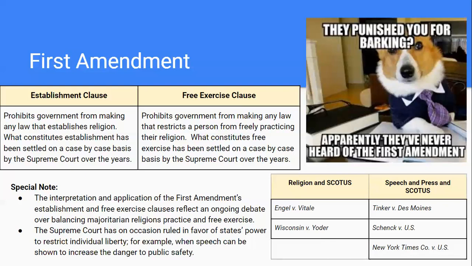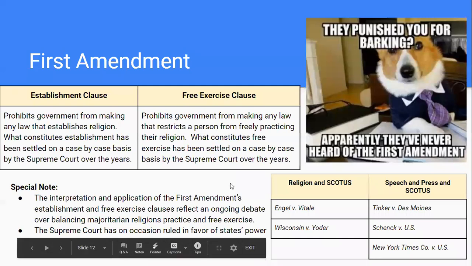Does the right to freely practice that religious tradition trump the state law? Yes, it does. So they ruled in favor of the Amish and Mennonite community. They could not make a compelling interest for requiring children to stay in school to 16 for Amish and Mennonite communities.